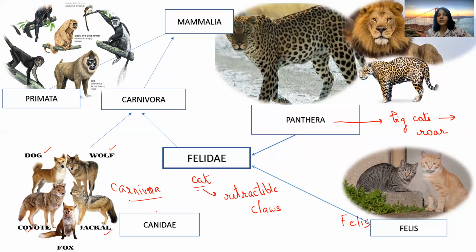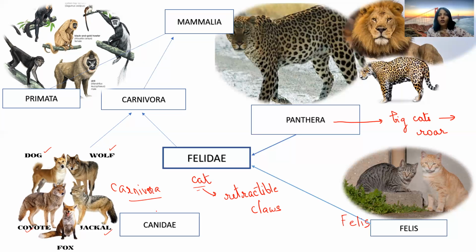Now one more similarity is there. They all have a vertebral column. And if we look at other species, they also have a vertebral column. Fishes have a vertebral column, reptiles, amphibians, birds have a vertebral column.